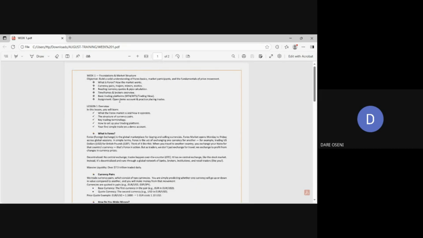So what is forex trading? What's your idea of forex trading? Let's see it as a market where people come to buy and sell. What are they selling?